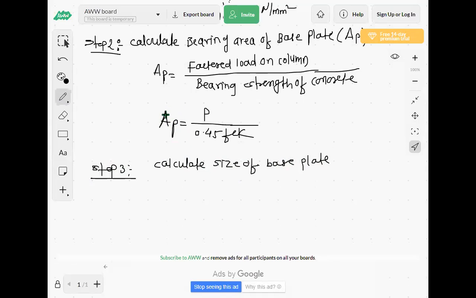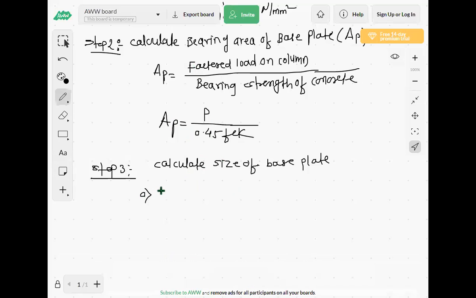Once we have the area of plate, we have to calculate the size, length and width, as we have seen in the above figure: Lp, the length of plate, and Bp, the width of plate, as shown in the figure. So for that we have to calculate.